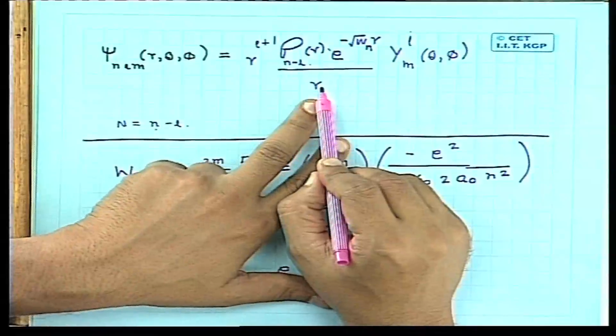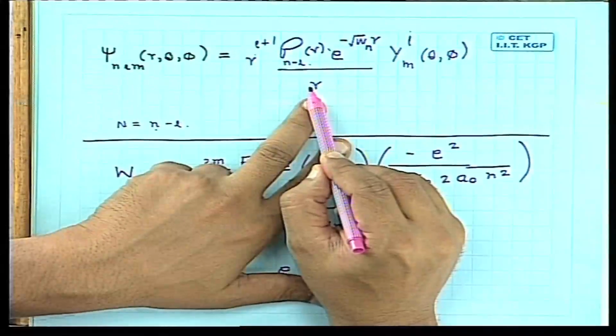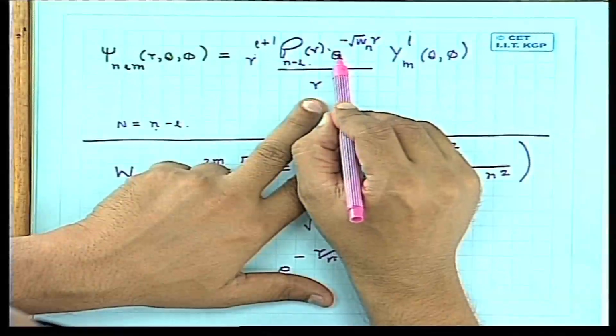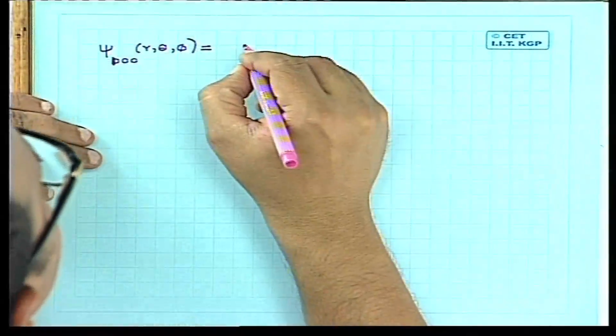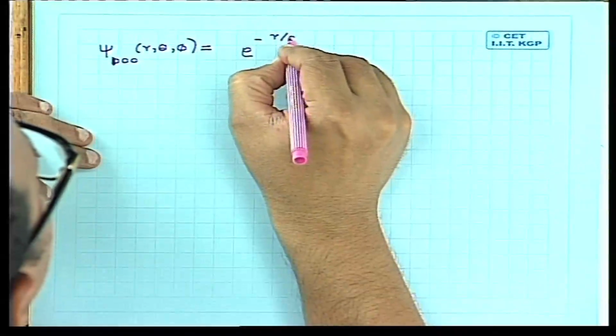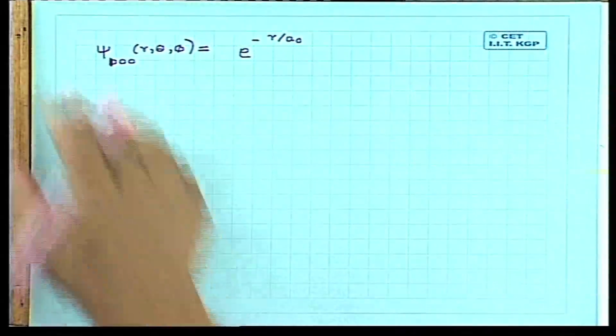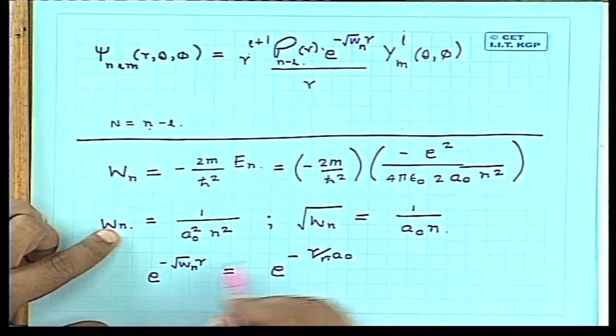We have r to the power of 1 here also. So these two cancel out. What we have here is e to the power minus r by a naught, because W1 is just 1 by a naught.